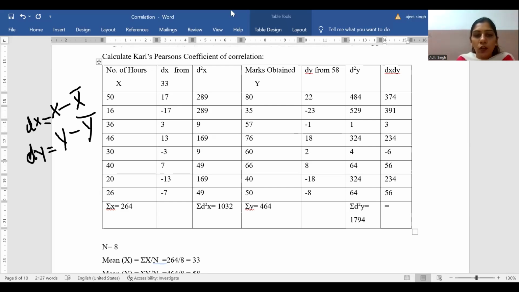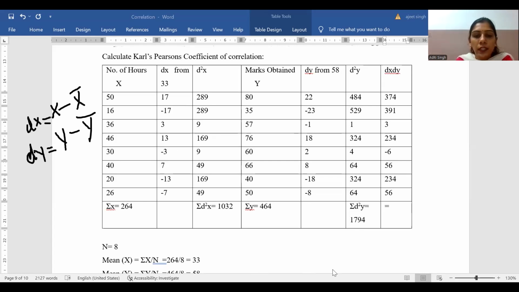Let's calculate it also. 374 plus 391, then plus 3, then plus 234, then plus 56, plus 234, then plus 56, and in the last we have to minus 6.